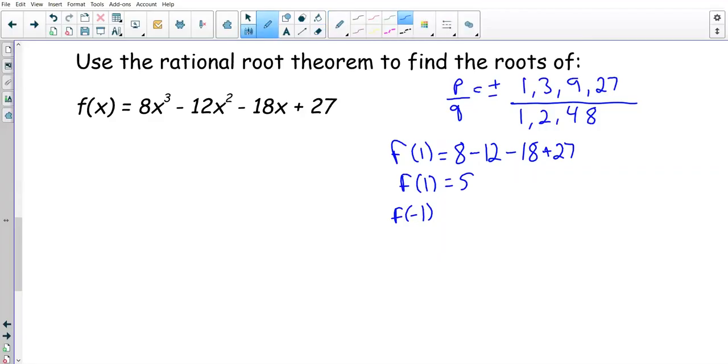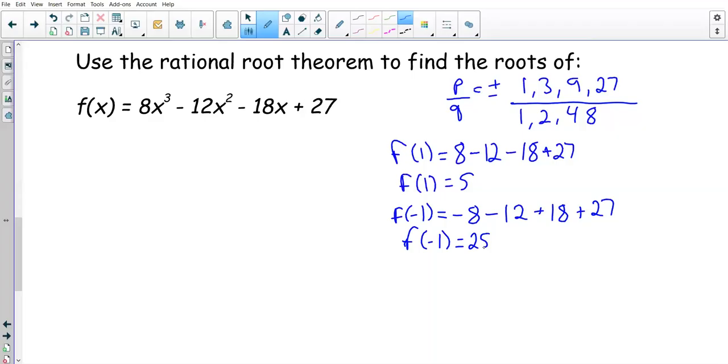If I do f of -1, I'm going to get -8 minus 12 plus 18 plus 27. So I get minus 20 plus 45. So f of -1 is equal to 25. So that's no good.